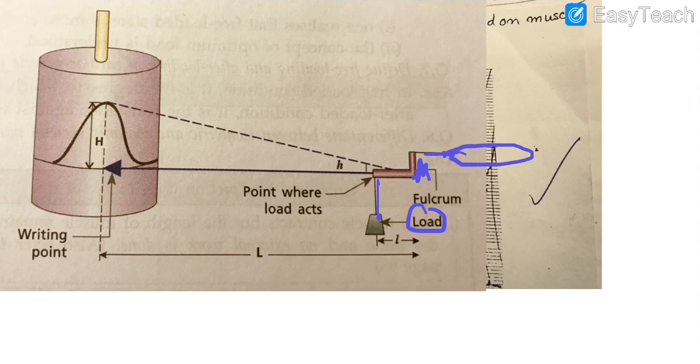So let me draw the diagram this way. Say the load was hung over here, and the fulcrum was this way, and the muscle contracted over here, so it moved upward. So we are getting this recording, and if this recording is depicted with capital H, it moved from this point.